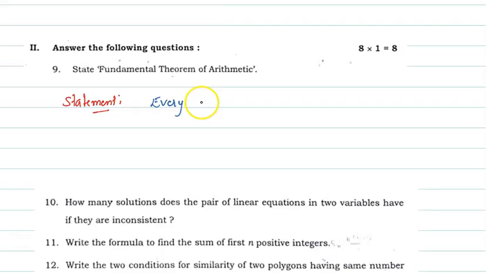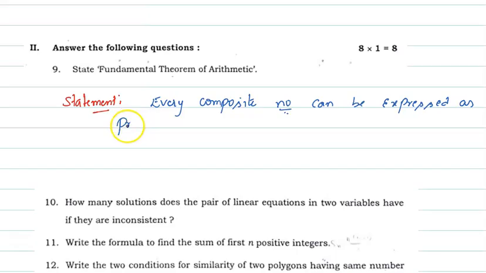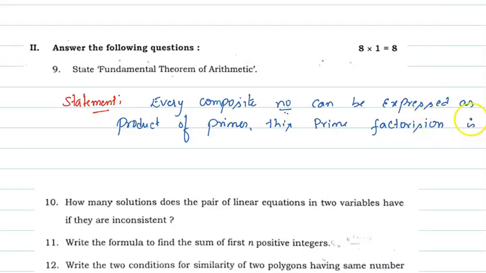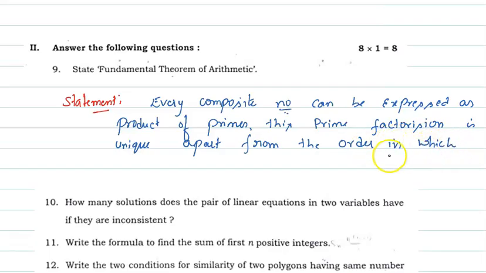Every composite number can be expressed as a product of primes, and not only that, this prime factorization is unique apart from the order in which the prime factors occur.